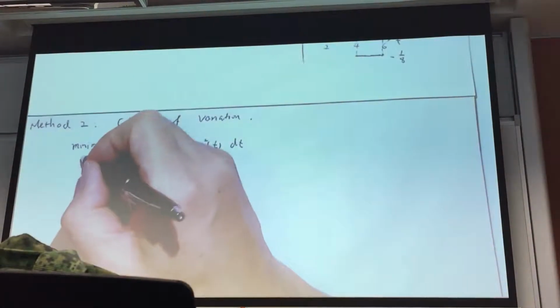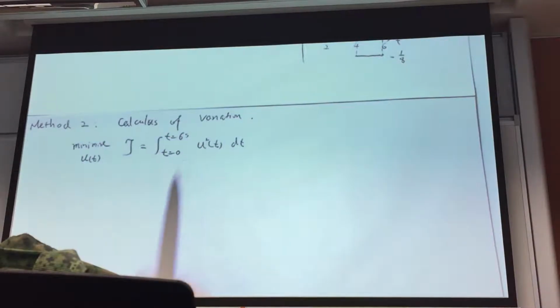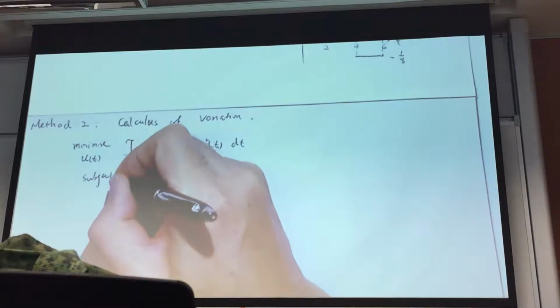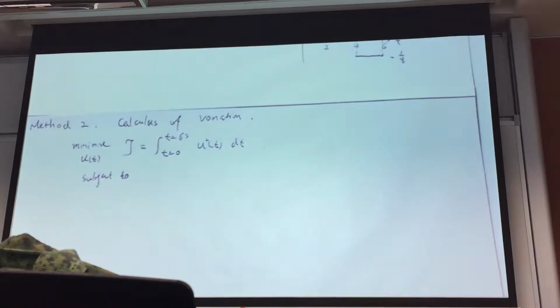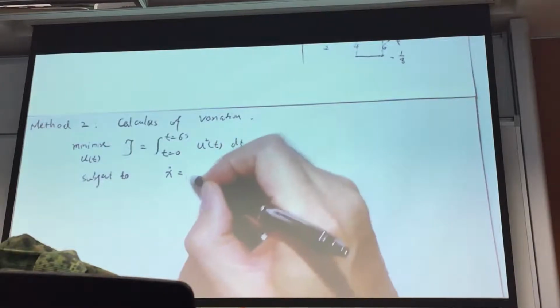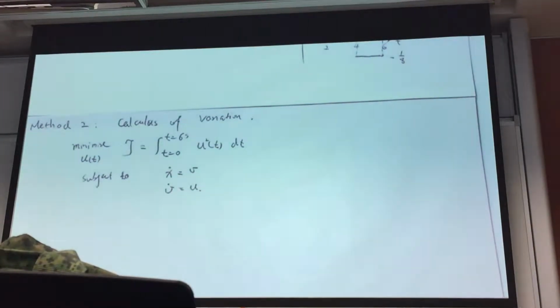Now we use the continuous-time function u(t) to minimize this function. It is subject to the dynamics of your vehicle, given by x dot equal to v and v dot equal to u.